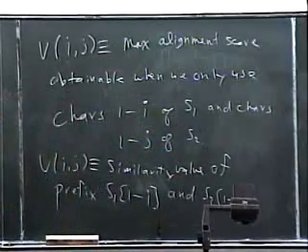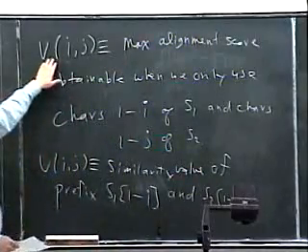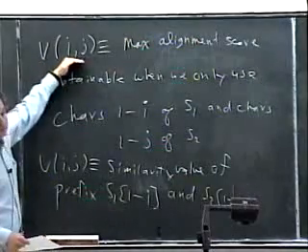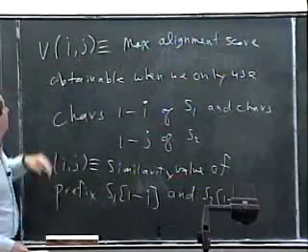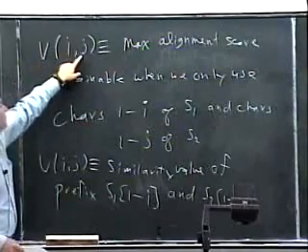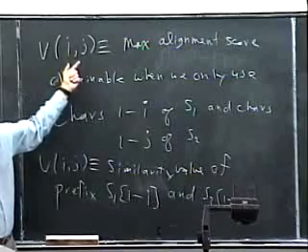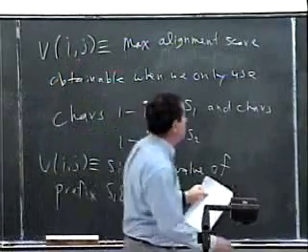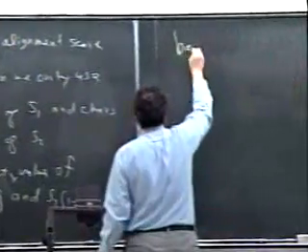And then what we want are recurrences that explain how you get this by making reference to values of V for smaller indices I and J. Okay? So the base cases.